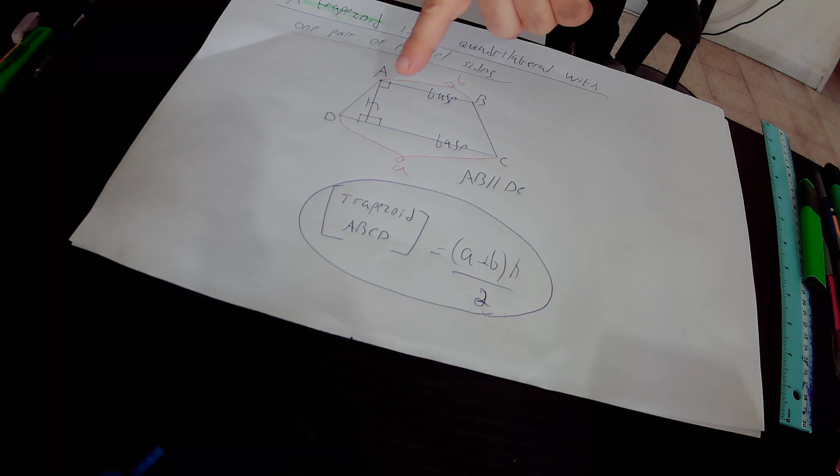The height edge must create 90 degrees with the two bases. Here you can see that the height edge creates 90 degrees with the base AB, and it also creates 90 degrees with the base DC. So in conclusion, the area of this trapezoid ABCD equals A plus B times edge over 2.